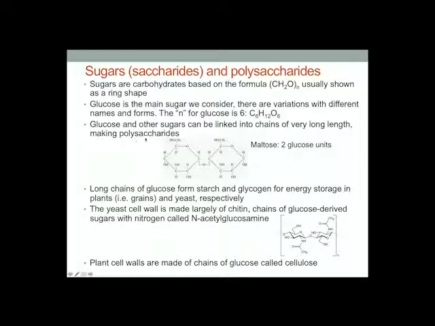When we string long chains of glucose together, in some forms they can create big carbohydrate polysaccharides that are useful for energy storage. Very important to plants is starch. Plants form the sugar that they store into starch. And in animals, as well as in yeast, we form sugars into big long chains that we call glycogen.